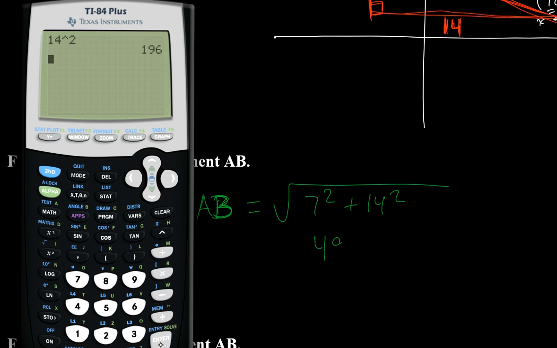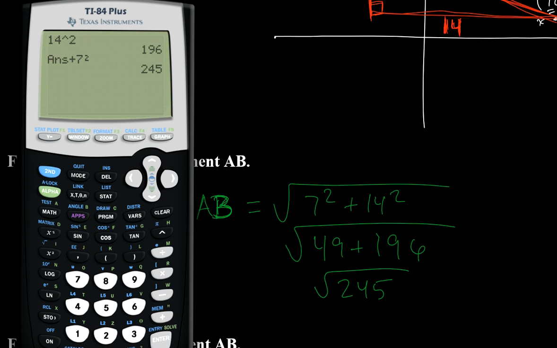So I've got 49 plus 196, and I'm going to just go ahead and add that. I'm just verifying. So I should get 245. And the square root of 245, I could do this. Let's see, I'll take the square root of 245.